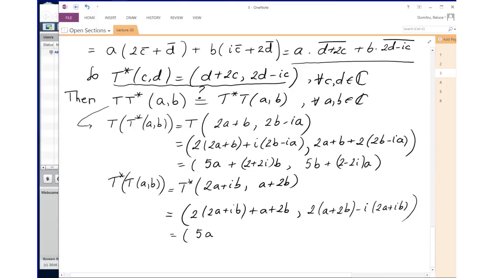So we end up with 5A plus 2I plus 2B. And 2 minus 2IA plus 5B, which is identical to the left-hand side, therefore T is normal.